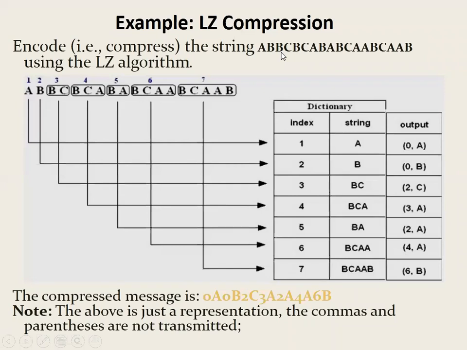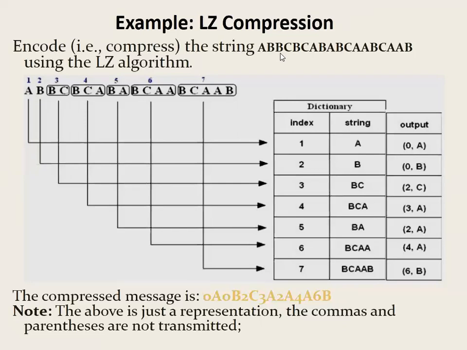Immediately when LZ compression starts working, it automatically creates a dictionary with 3 columns: the index column, the string column, and the output column. The index column automatically starts with 1. Then it goes on adding 1, 2, 3, 4, 5, up to n, depending on the size of the data stream that we are trying to compress.